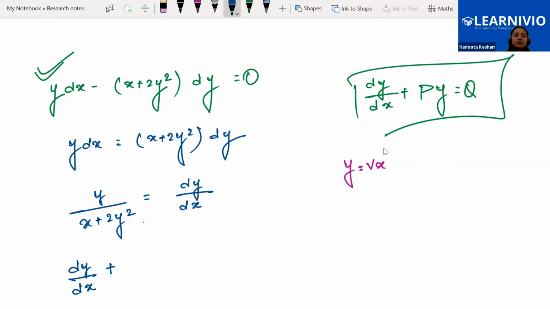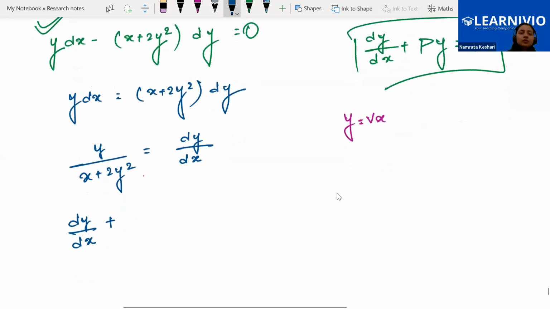Now dy by dx plus, is it possible to write it in terms of y? Is it possible, Murtaza, to write it in this manner: dy by dx plus py equals q?